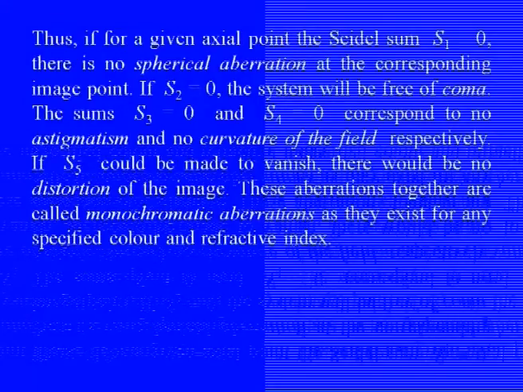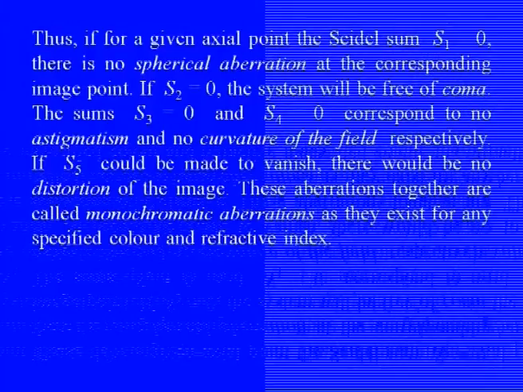The sums S3 equal to 0 and S4 equal to 0 correspond to no astigmatism and no curvature of the field respectively. If S5 could be made to vanish, there would be no distortion of the image. These aberrations together are called monochromatic aberrations, as they exist for any specified color, for any refractive index.